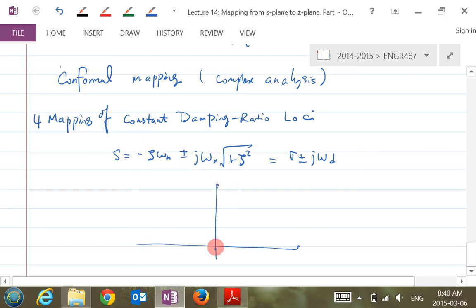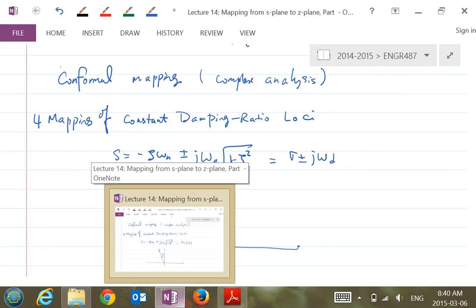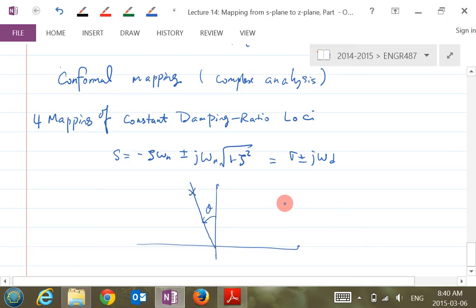If this is where the pole is, and I draw a radial line passing through that pole, we can find a theta for this radial line, and we can easily prove that sine theta equals zeta. So if I pick another pole over here in the S plane, these two poles have the same damping ratio.